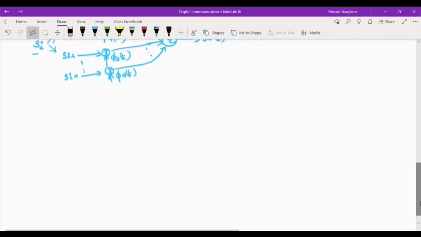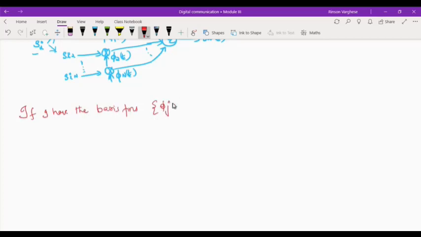Now we have a question. If I have the basis functions, that is the set of phi_j(t), j equal to 1 to n, I can do all these things.